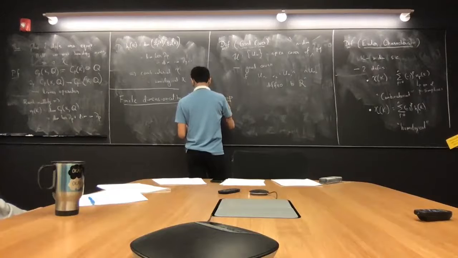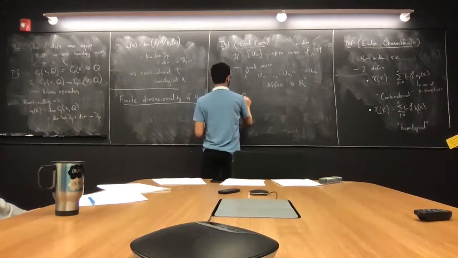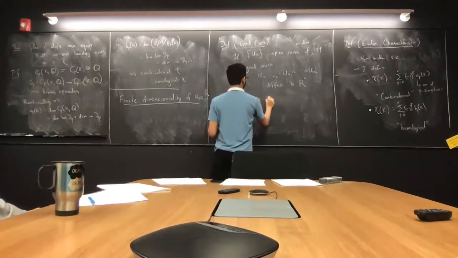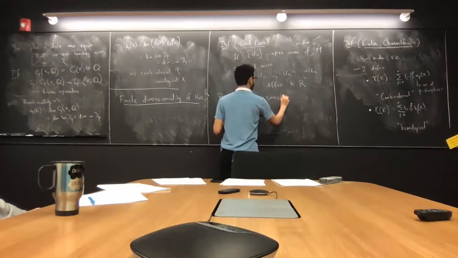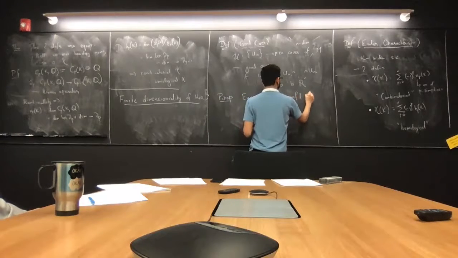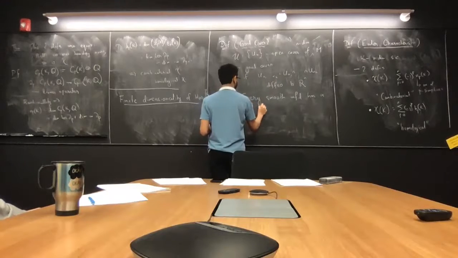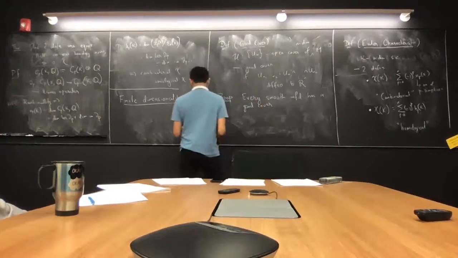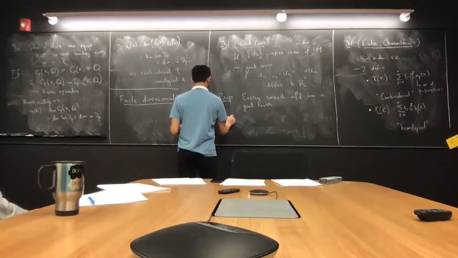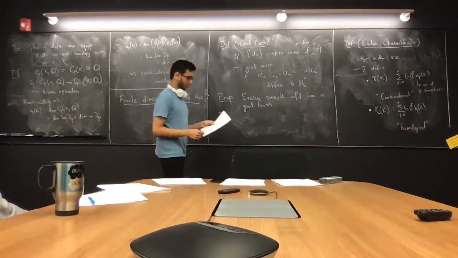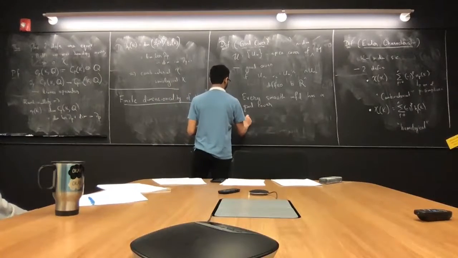Proposition: every smooth manifold has a good cover. The proof of this is straightforward. Recall that every manifold admits a Riemannian metric.